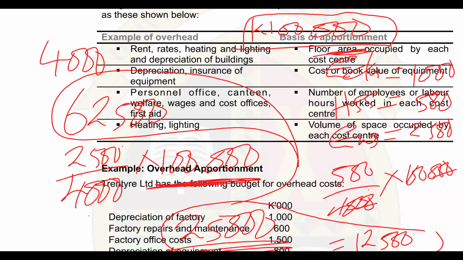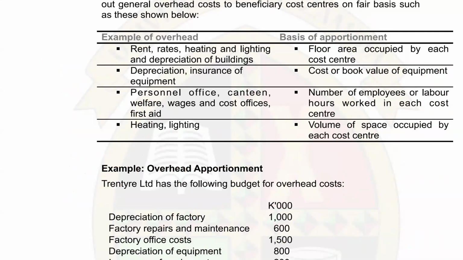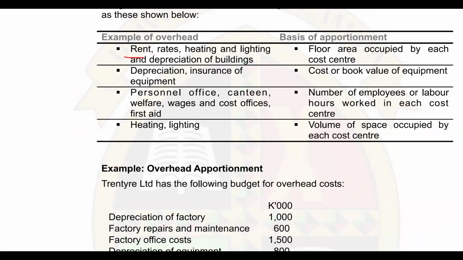Those are the common ones where you could use the floor area space. This is very important, because if you don't get the right basis of apportionment, you get the wrong answer. You have so many bases of apportionment, and you need to choose the most appropriate.